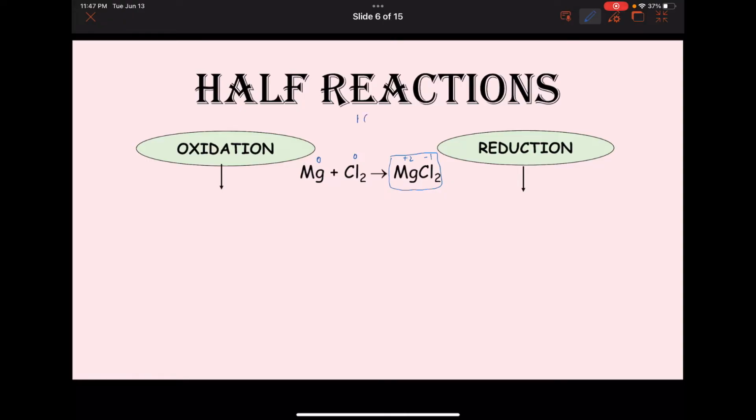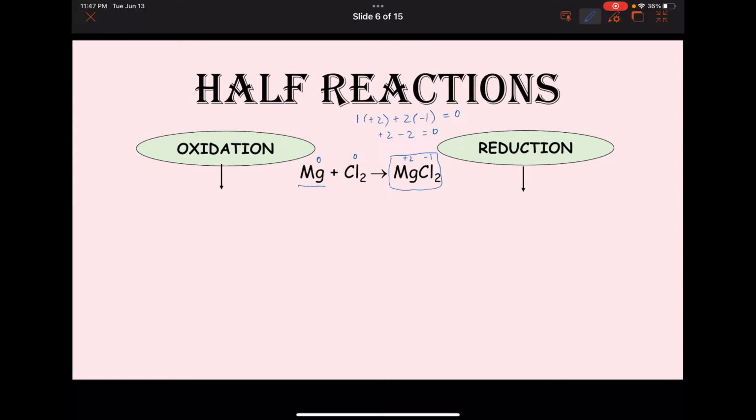We have 1 magnesium with a charge of +2, plus 2 chlorines with a charge of -1 each. We set that equal to 0, so +2 -2 is equal to 0.